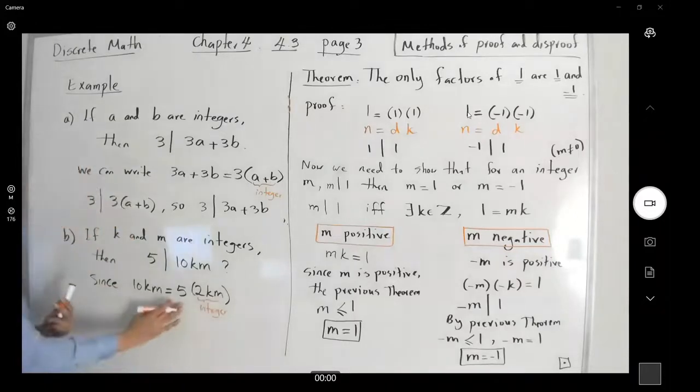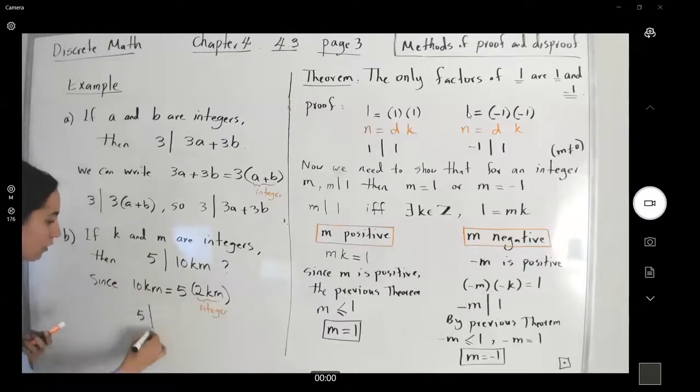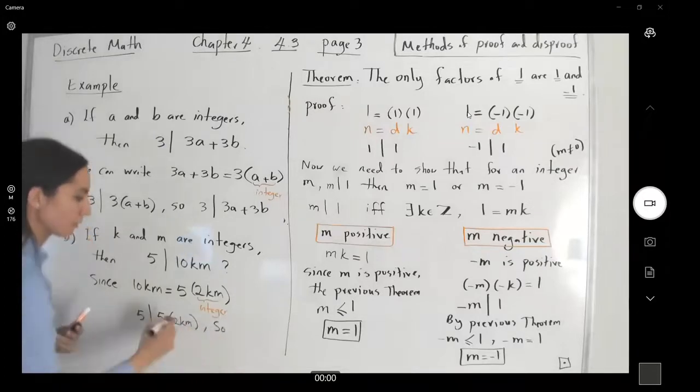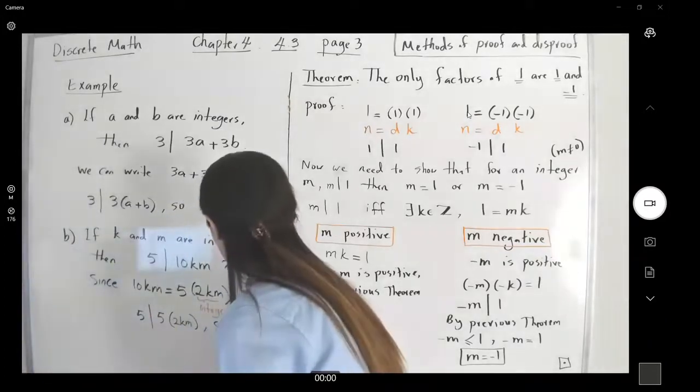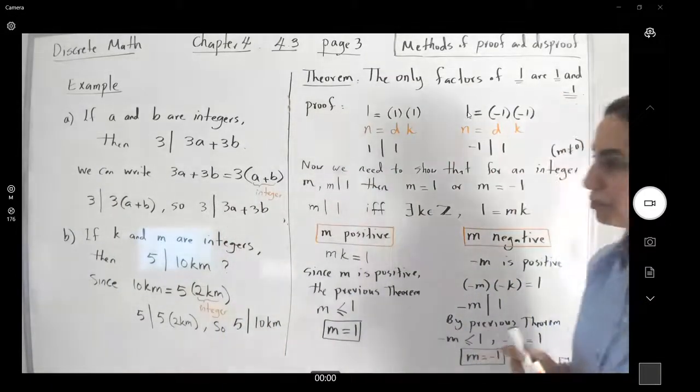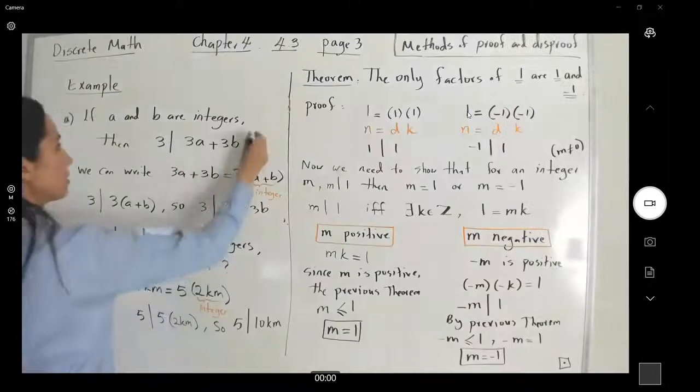Do we see factor 5? Yes, of course. 5 is just right here. What's the meaning of that? It means that 5 divides 5 times its integer, 2KM. So 5 divides 10 times K times M. So both answers are yes.